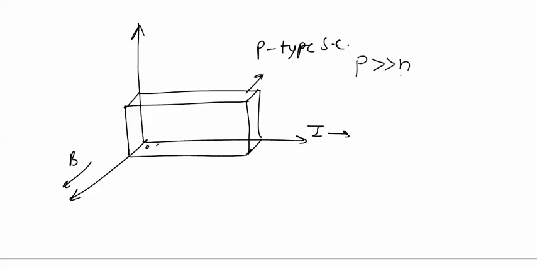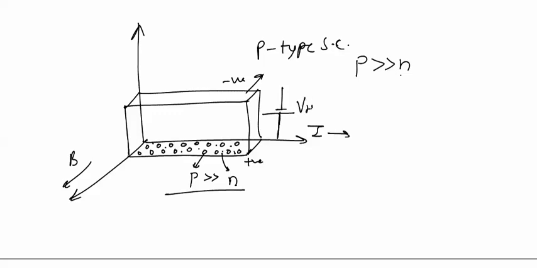After the charge carriers settle at the bottom surface, we can see that the hole concentration at the bottom surface is much greater than electron concentration, p is much greater than n, so we can conclude that the bottom surface is more positive than top surface, so Hall voltage will develop with bottom surface more positive. This is the Hall voltage for p-type semiconductor. This time bottom surface is more positive, so the electric field will direct in the upward direction.